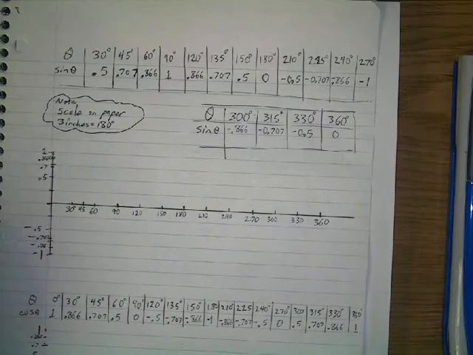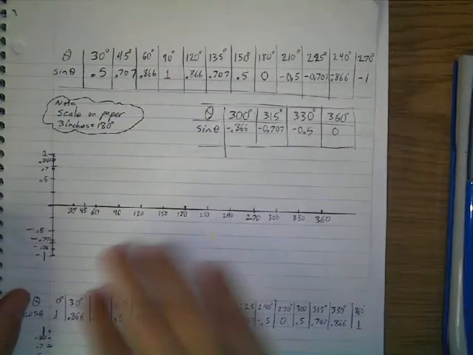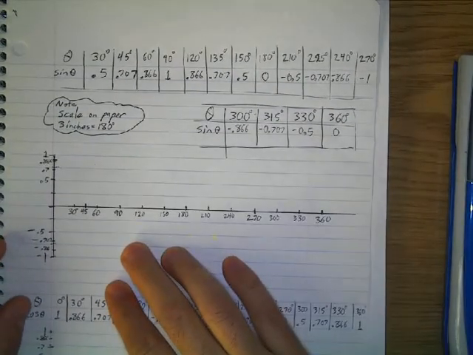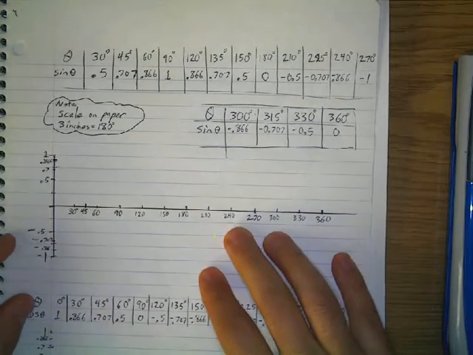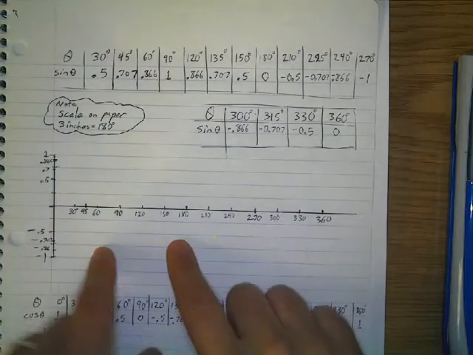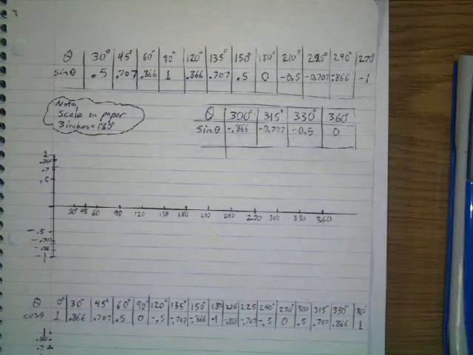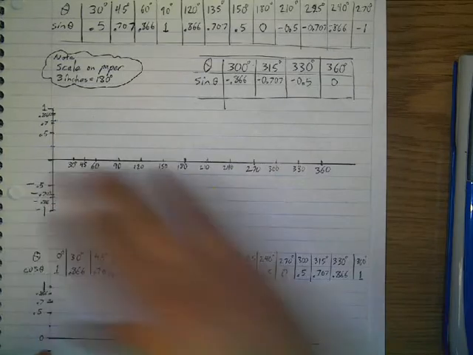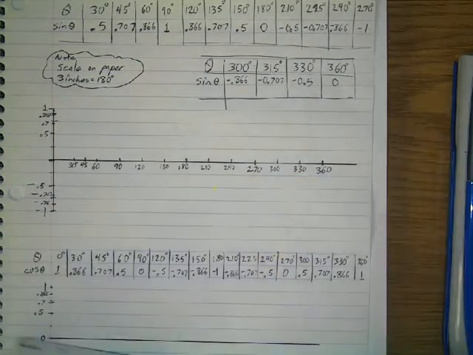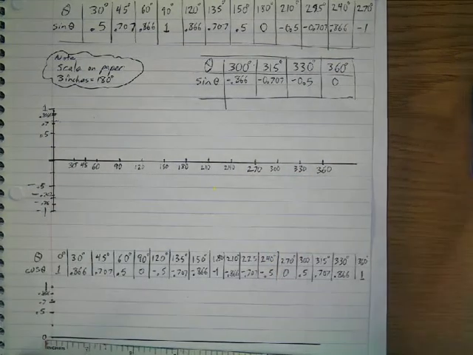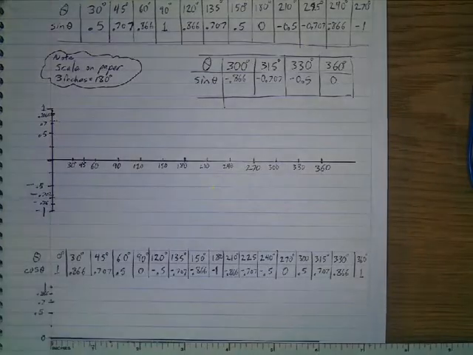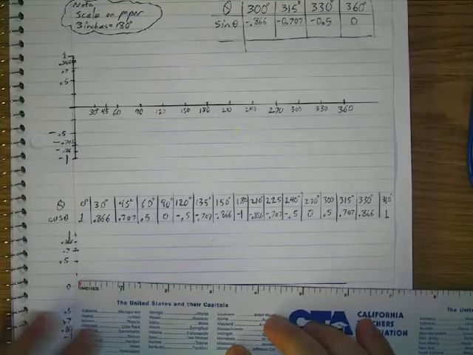So what we're going to do right now is try to plot this curve. One thing that I did that will be easy for you, I think, is make an accurate scale.